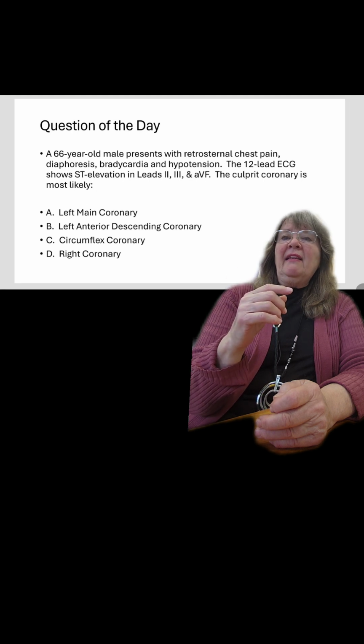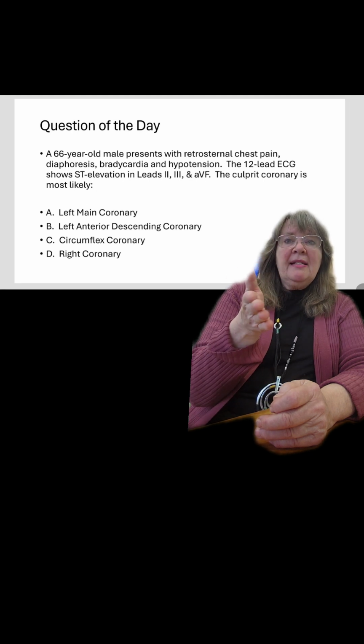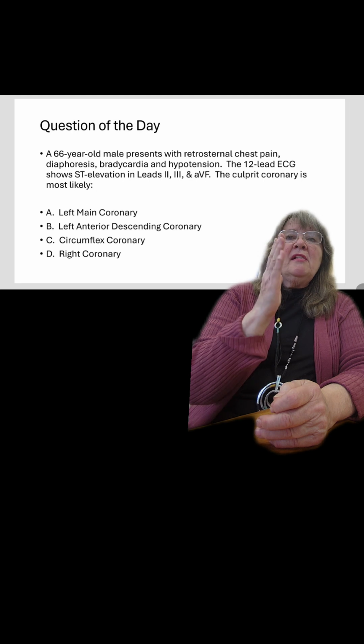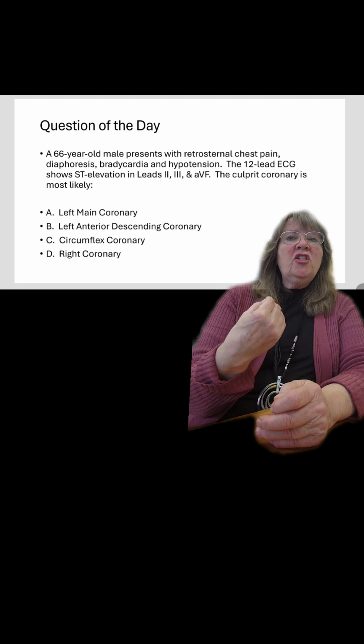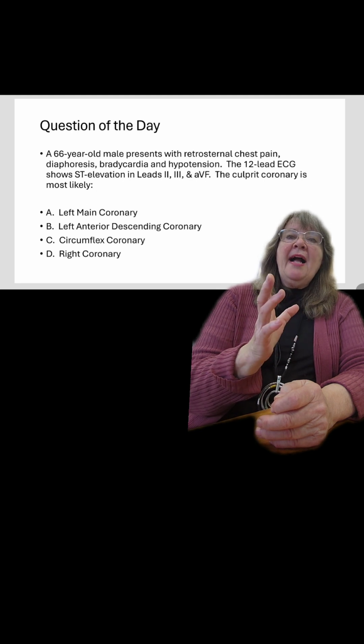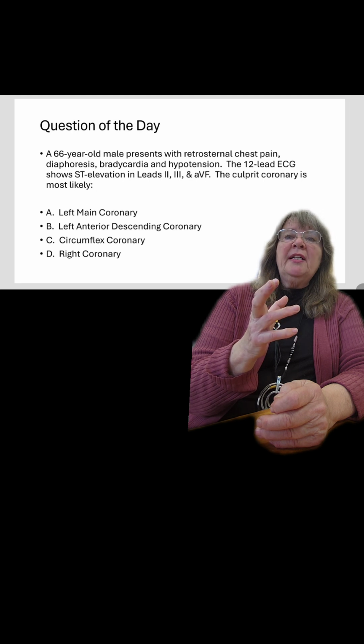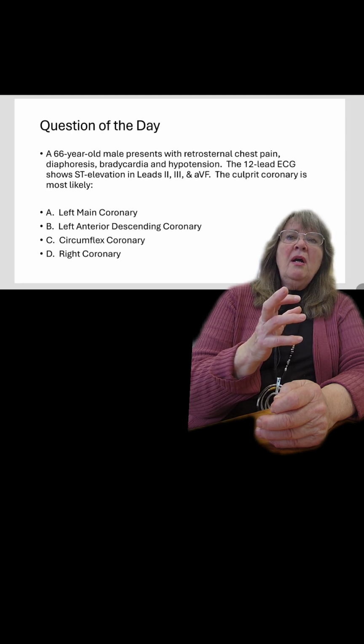Neither is the left anterior descending. Just by its name alone, you can tell that it supplies the anterior surface of the left ventricle. The true anterior leads, like I just said, are V3 and V4, whereas if the septum's involved, we're going to see V1 and V2 changes as well.